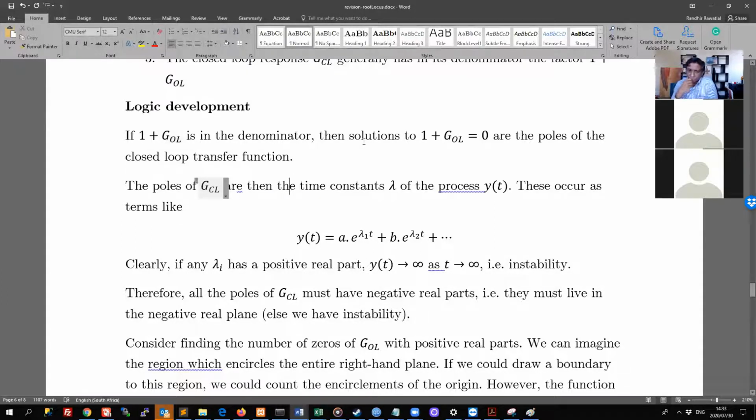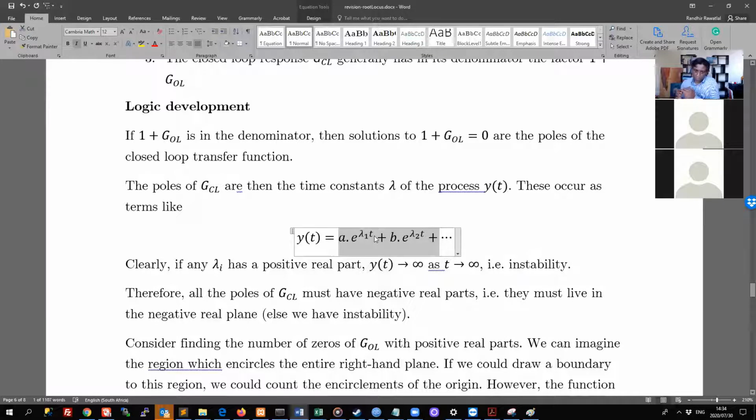Then we just said that the poles of the closed loop transfer function are the time constants. So the poles of that are going to show up in lambda in our time domain solution. And so that means if lambda has any real part, then y of t is going to go off to infinity, because we are going to have e to the positive number times t.